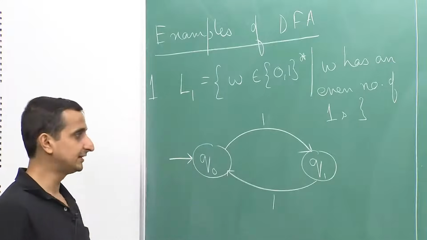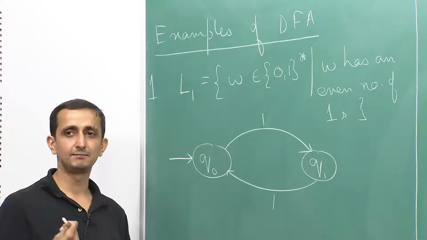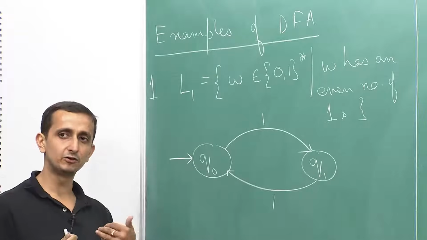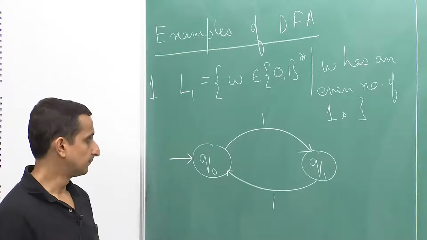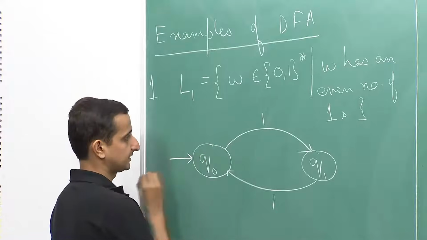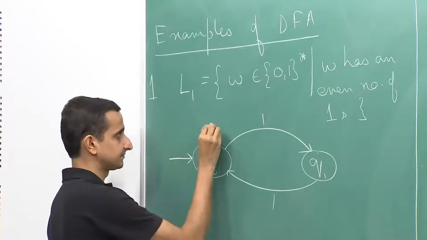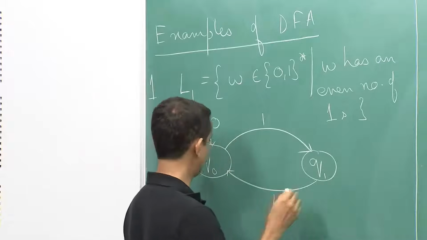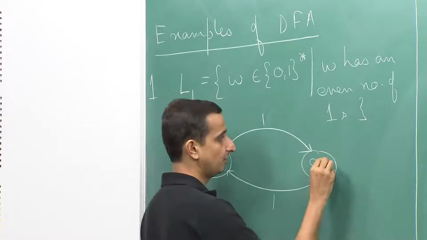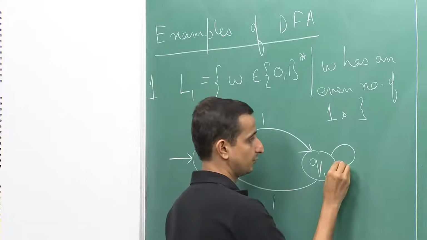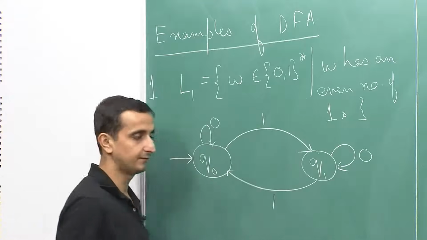And in both these states, if we see a 0, it does not matter. I mean, we can see any number of zeros between two successive ones, and it will not affect the parity of the ones. So, if you see a 0 from Q0, we stay at Q0, and if we see a 0 from Q1, again we stay at Q1.